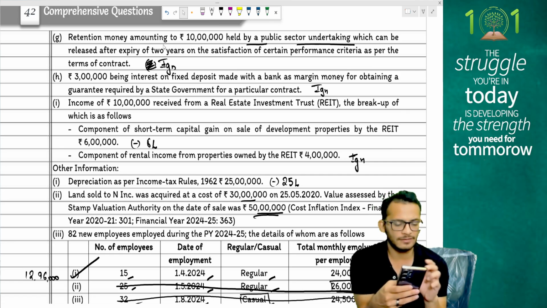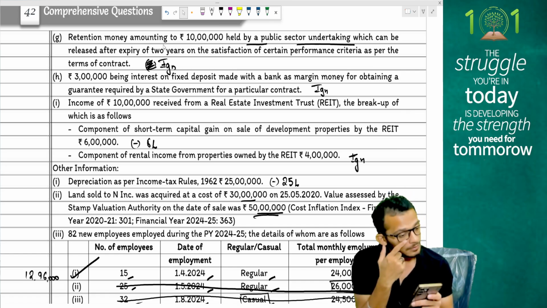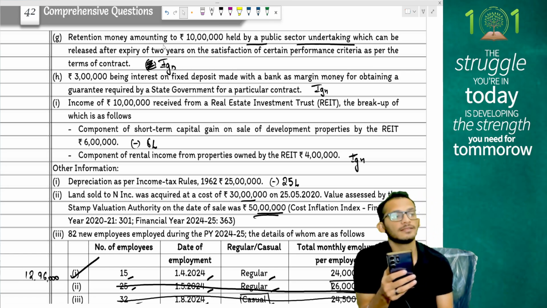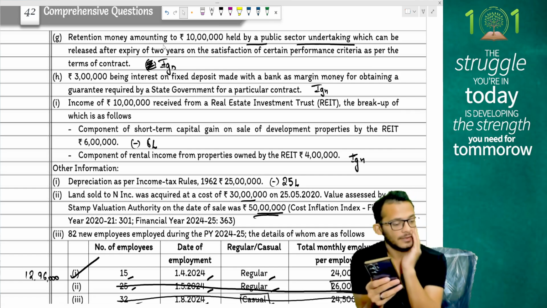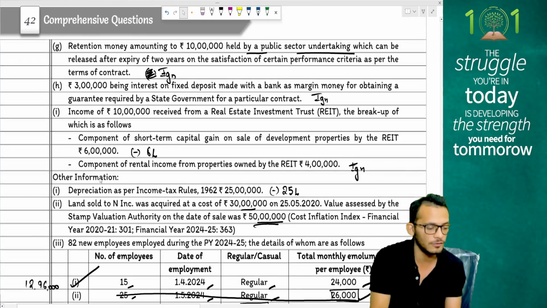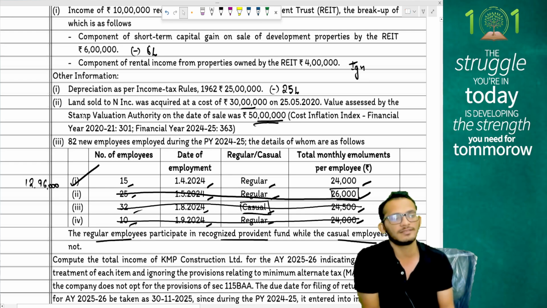Under that heading is sale of land to N Inc. I am not putting a serial number because the profit is reported in F also, and in 2 also. It's too confusing, so I don't want to do that. So I'm putting it as sale of land to N Inc.